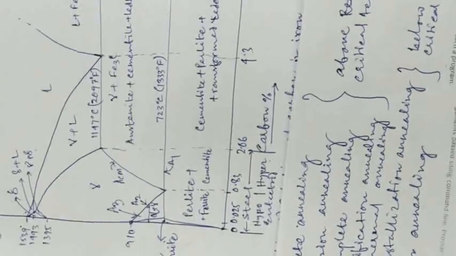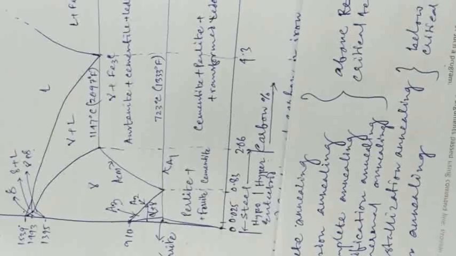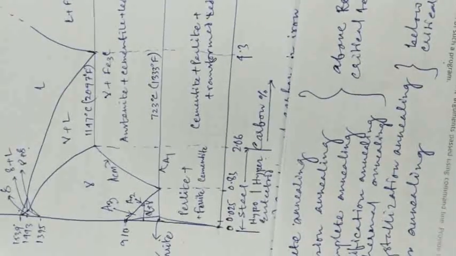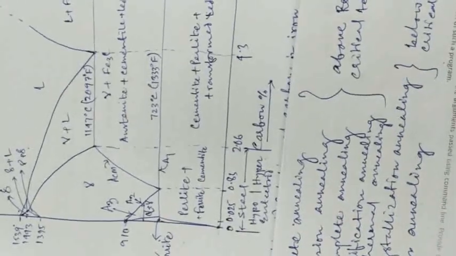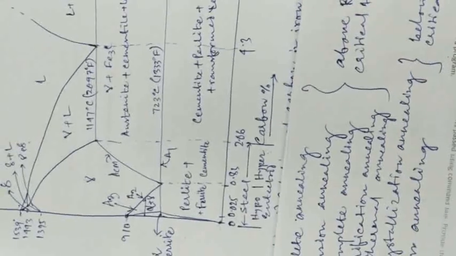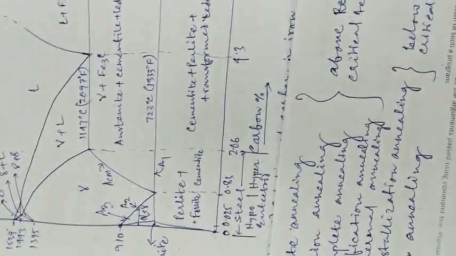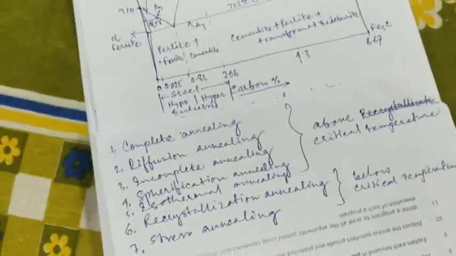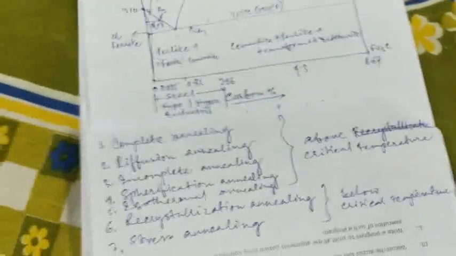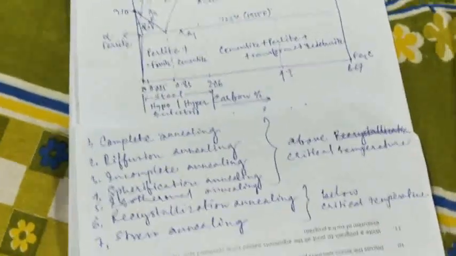In order to improve the inhomogeneity of structure and chemical composition of high quality alloy steel, diffusion annealing is often used. This much for today. We will discuss more about different types of heat treatment processes in the next class. Thank you.